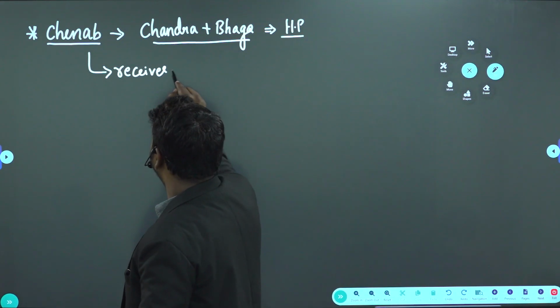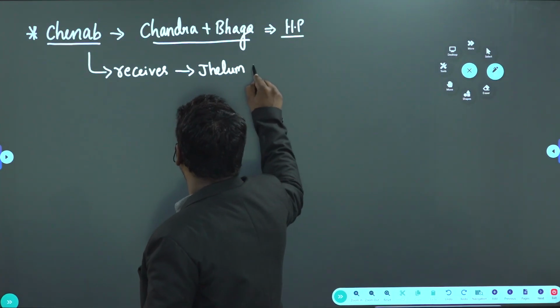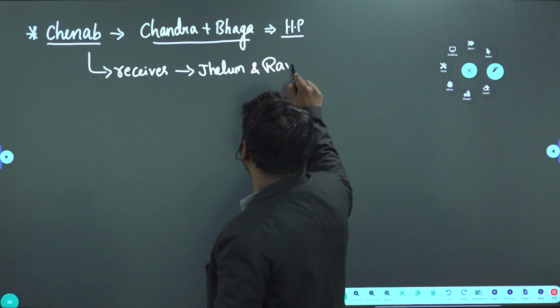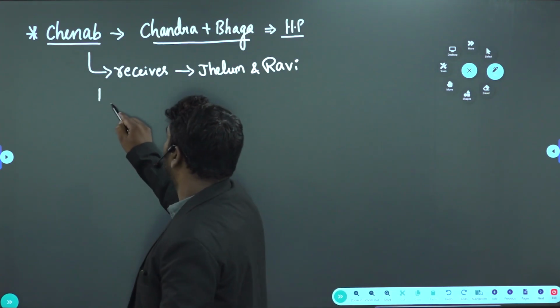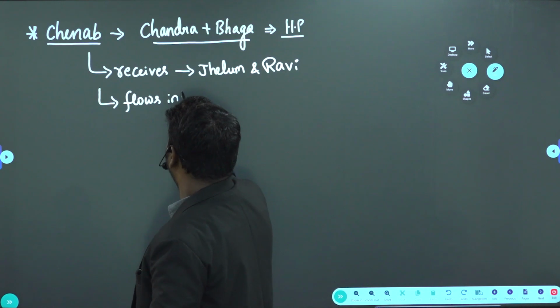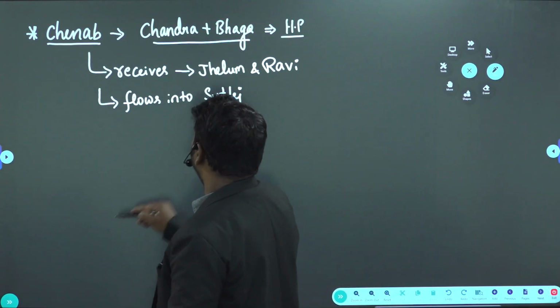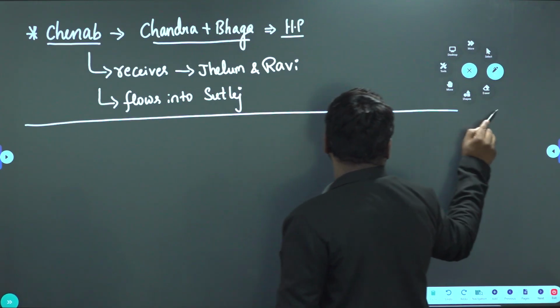It receives Jhelum, and Ravi river flows into Satluj.